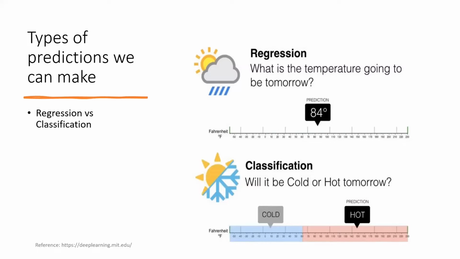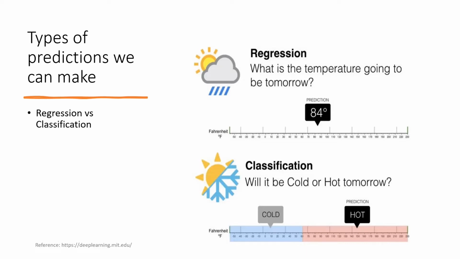It could be 84, it could be 90, it could be 100 degrees. A classification problem deals with discretized outputs. The question would be, will it be cold or hot tomorrow? There you give me an answer of hot or cold. So neural networks can do both regression and classification.